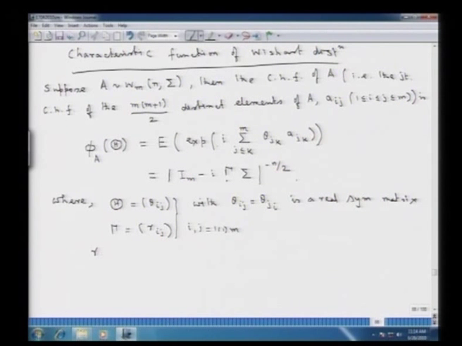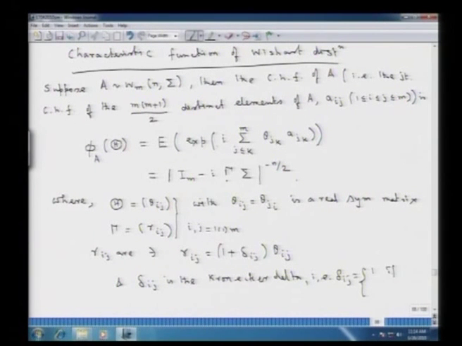Now, these gamma i j's are such that gamma i j is equal to 1 plus delta i j into theta i j, and this delta i j is the Kronecker delta, that is, delta i j is equal to 1 if i is equal to j and is equal to 0 otherwise.